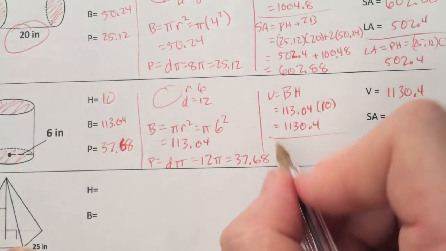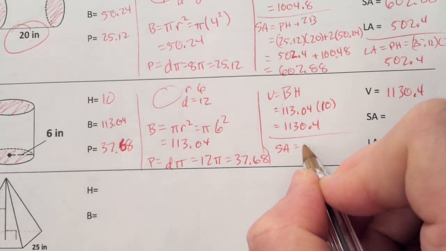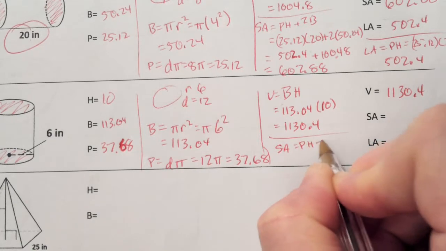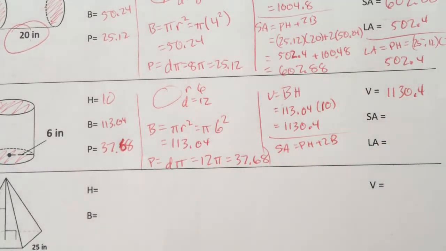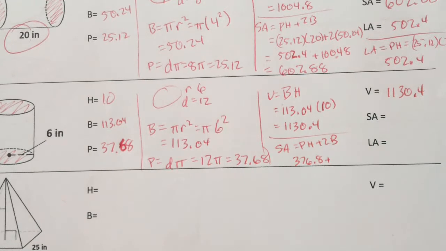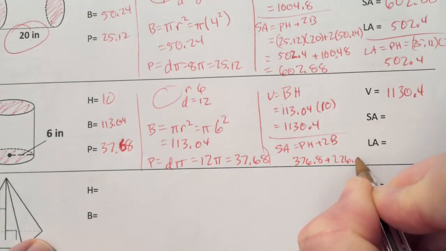All right, your surface area is pH plus 2B. So P, which is 37.68, times H, which is 10, you get 376.8, plus 2 times B. 2 times B is 2 times 113.04, you get 226.08.